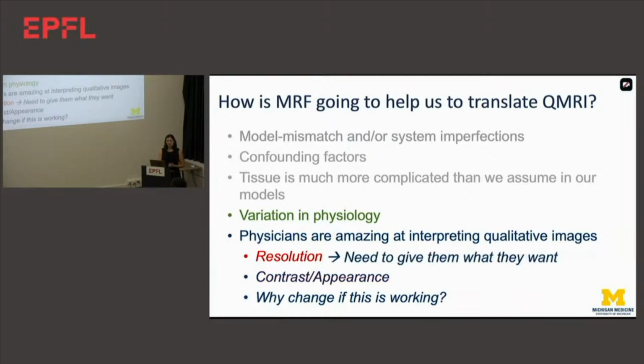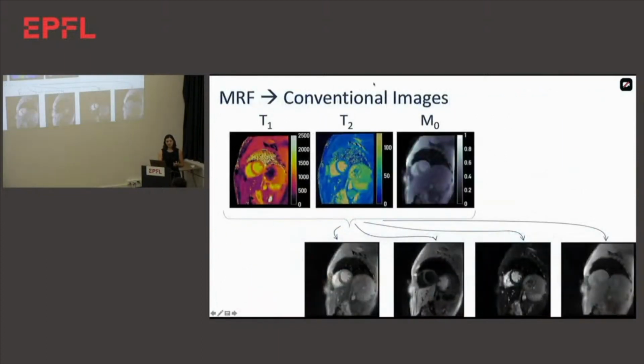What about the fact that physicians know how their images look, right? They don't want to step away to something quantitative because that's just not what they're used to. Well, maybe, it's not ideal, but maybe we can mimic this for a little while. So for instance, we can take these maps that we collect in the heart, the T1, T2, and proton density, and we can use them to mimic other contrasts. So we just calculate, from these quantitative maps, what these qualitative images would have been, just synthetic imaging. And we can do this really, really fast, and maybe even generate contrast that wouldn't really be possible using a conventional scan.